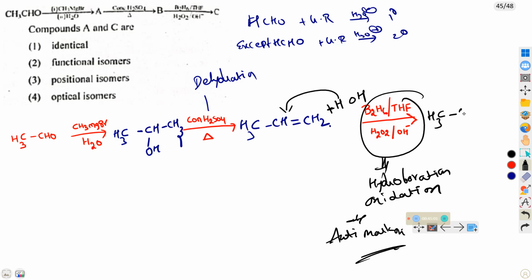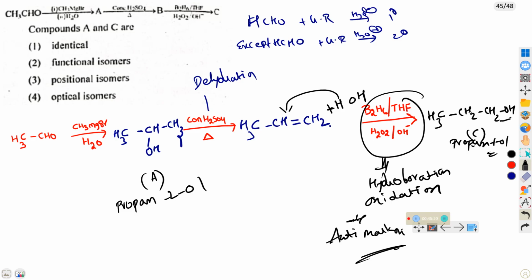Then CH3CH2CH2OH. This is A and this is C. A is propan-2-ol and C is propan-1-ol. Both are position of functional group is different, so these are considered as positional isomers.